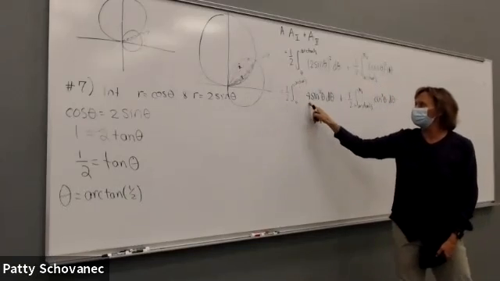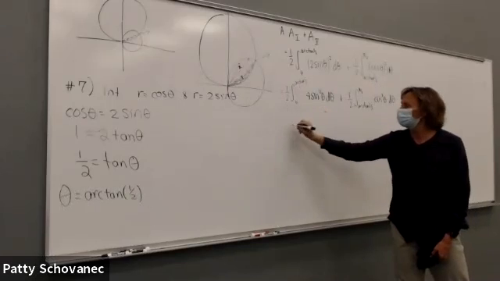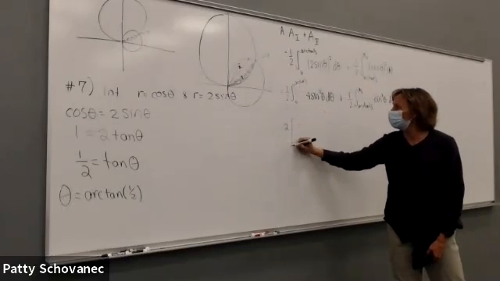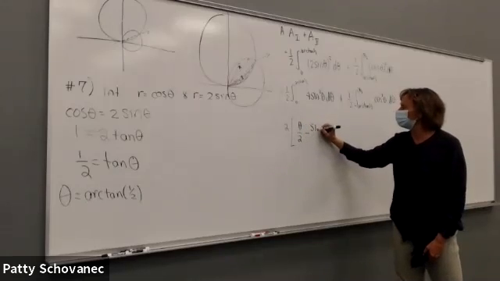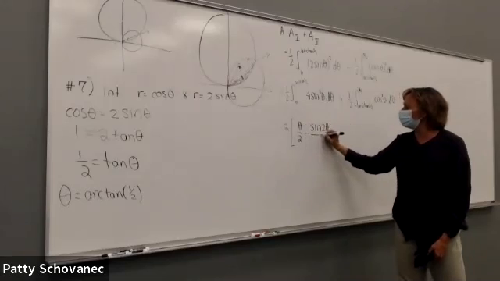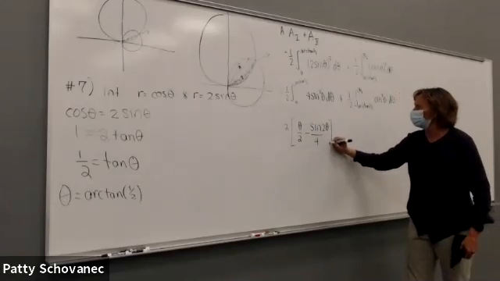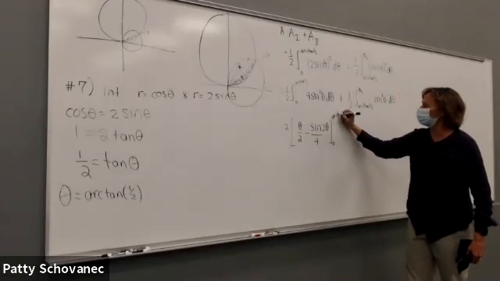I can go ahead and take 1/2 of this 4 and give you a 2. Then I'm going to integrate and get theta over 2 minus the sine of 2 theta over 4 from 0 to the arctangent of 1/2.